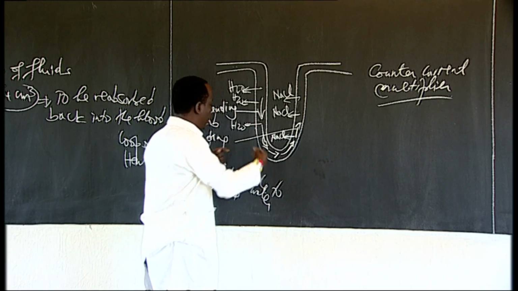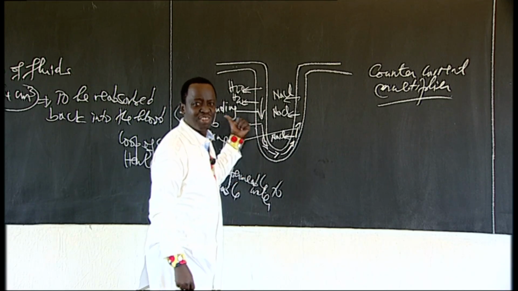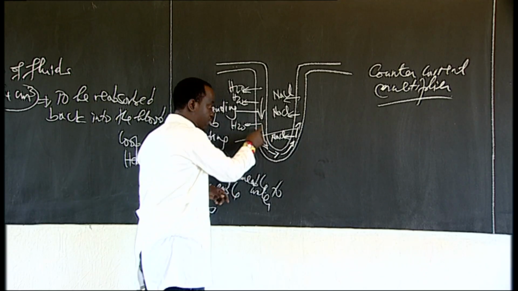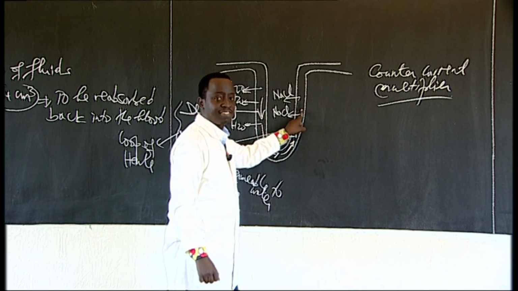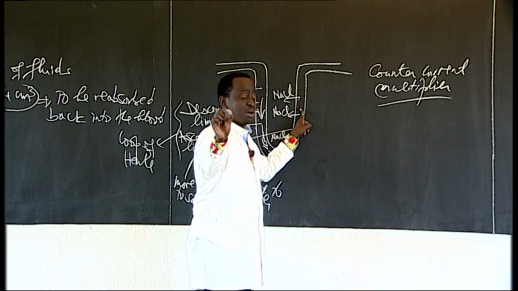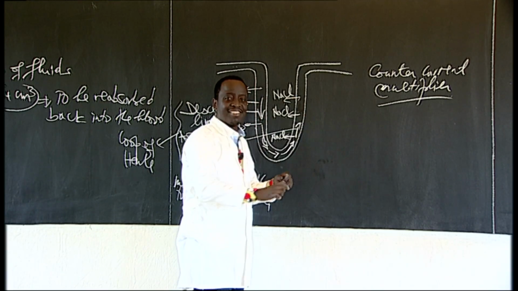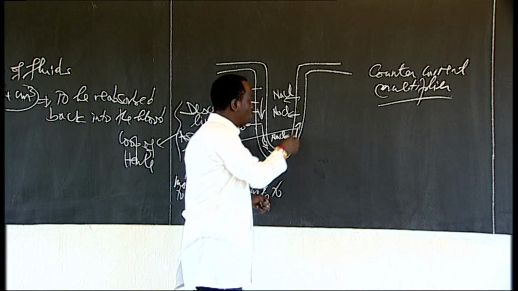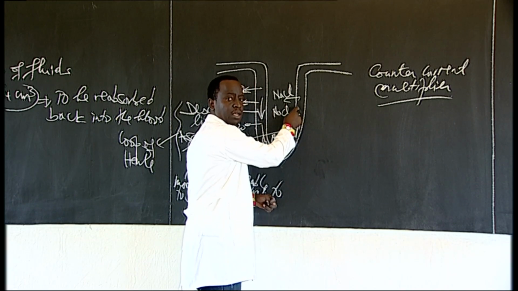You see, here water is going to be removed. When it is removed, our urine is more concentrated because it contains more solute. When the urine reaches here, those salts, those ions are going to be pumped out of what? Of this loop of Henry.